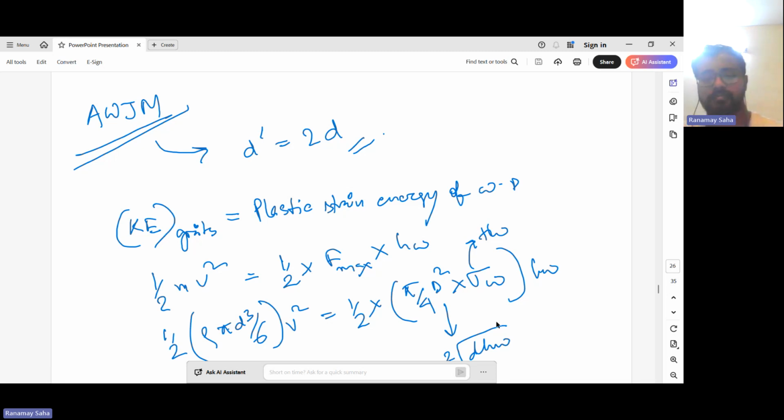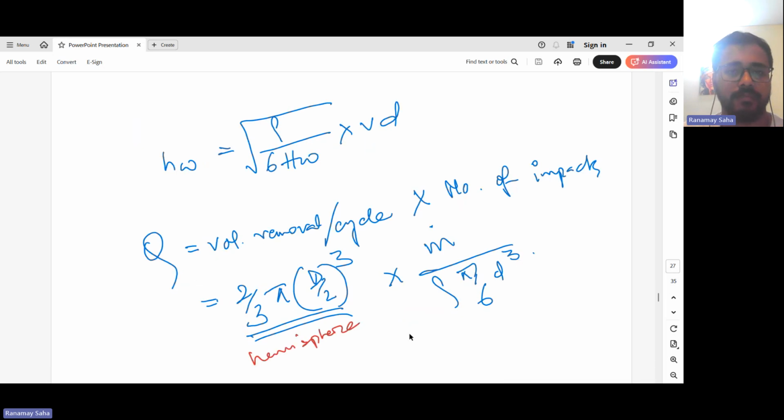So that is the dia of grain, which is actually giving you the total indent dia. So from that you can find HW is equal to square root of rho by 6 times the hardness of the workpiece, multiplied by velocity into the dia of grain D.